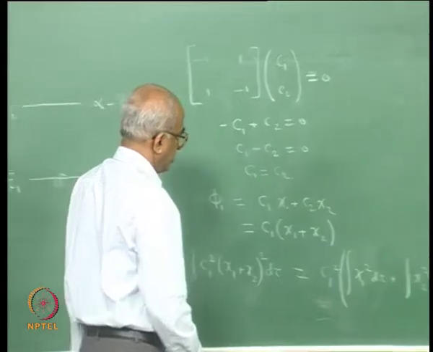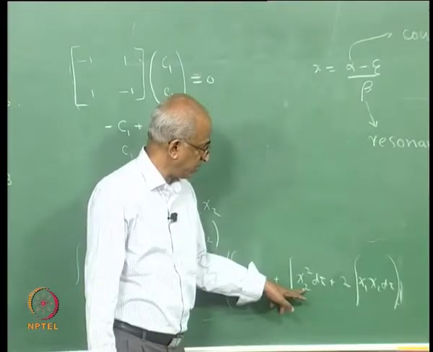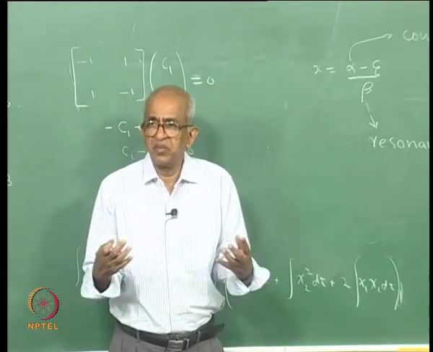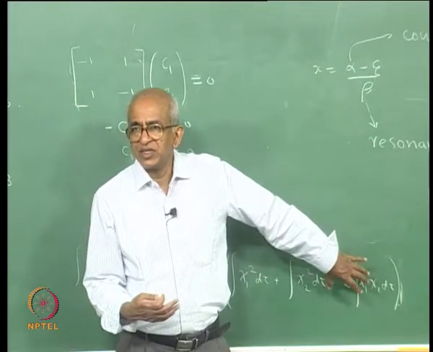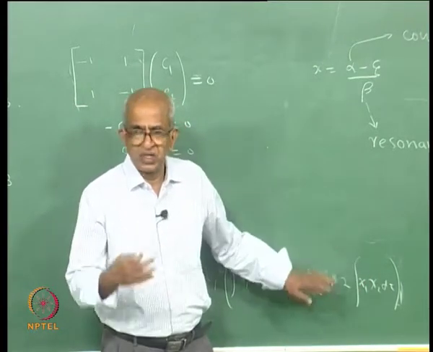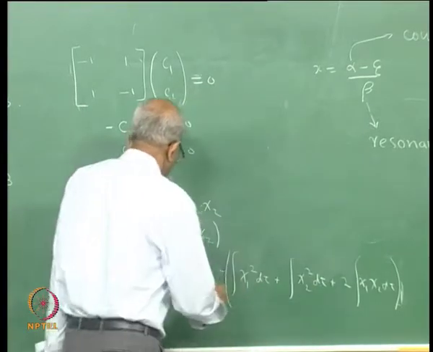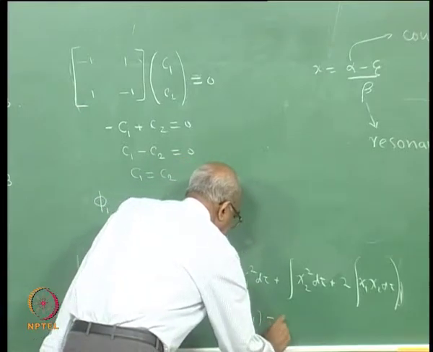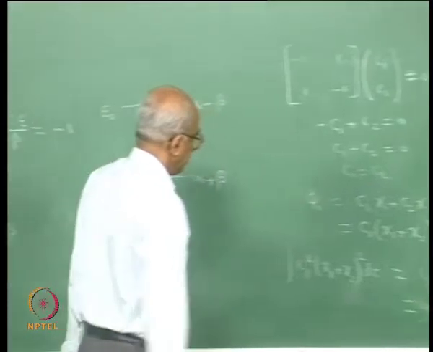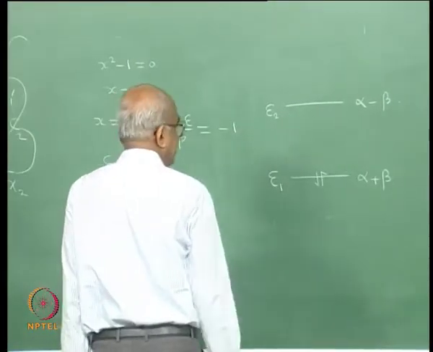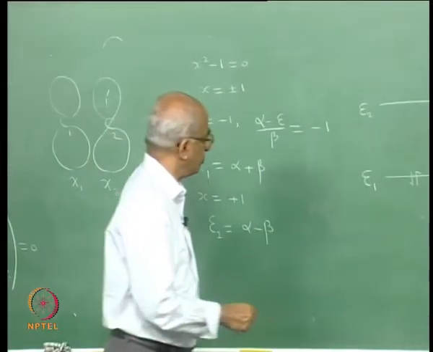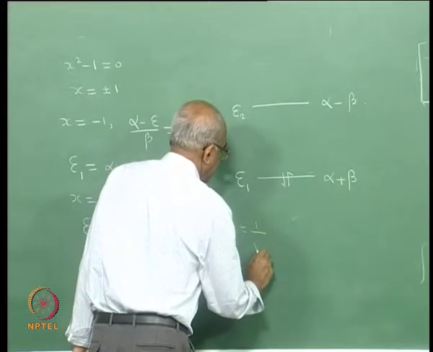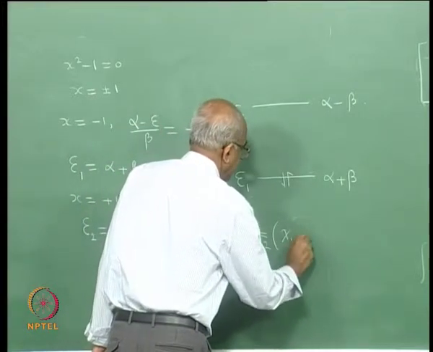But chi 1 is normalized, chi 2 is normalized, and chi 1 into chi 2 integrated over the entire space is actually the overlap integral, but remember in Huckel theory you neglect the overlap integral, you say that it is equal to 0. So, to be consistent with that, this is going to be taken to be equal to 0. So, you are going to get C1 squared into 1 plus 1 equal to 1, which is the normalization condition, which implies that C1 must be equal to 1 by root 2. So, this orbital phi 1 is actually 1 by root 2 times chi 1 plus chi 2.